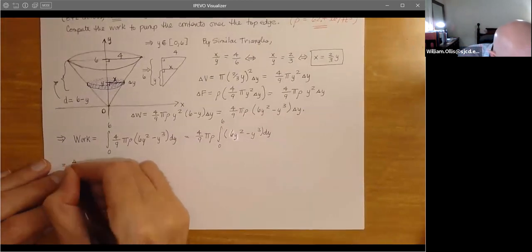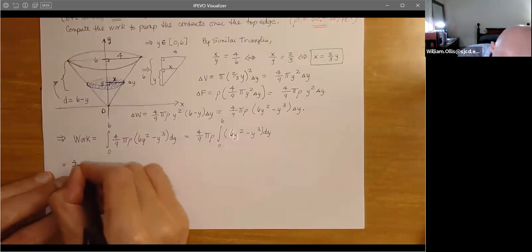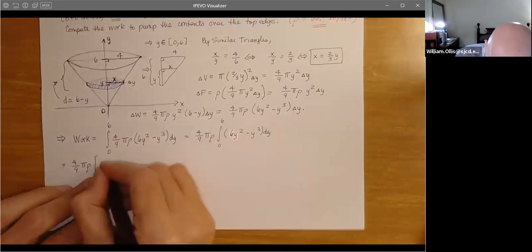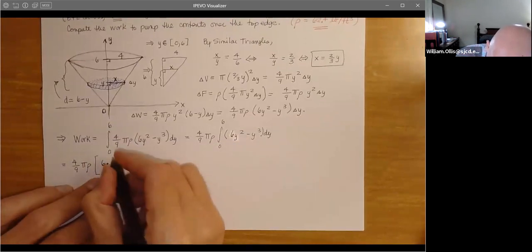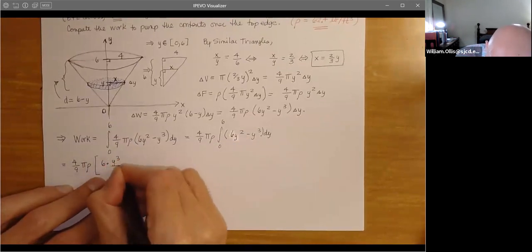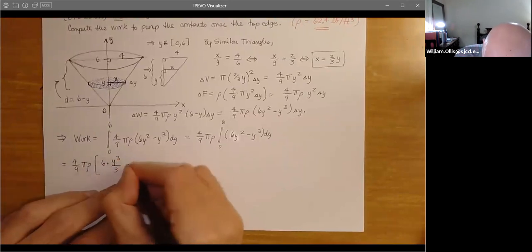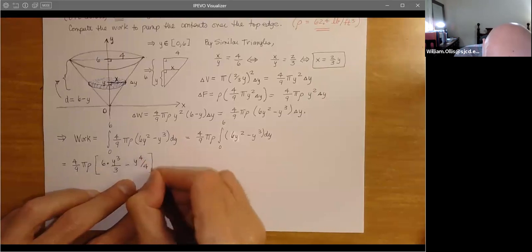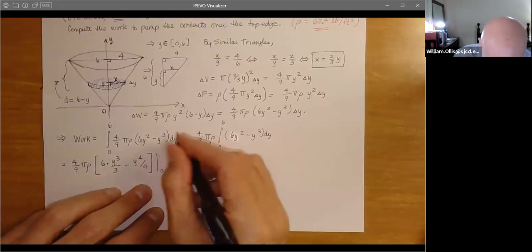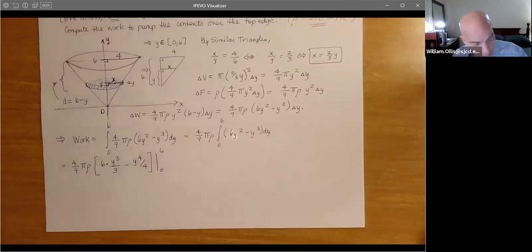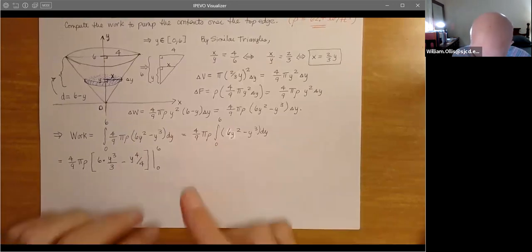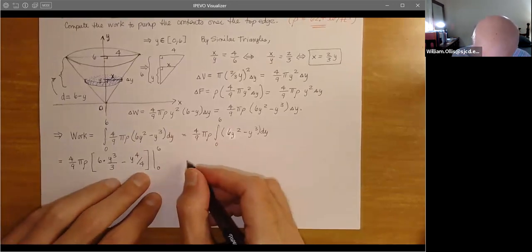So we have 4/9 pi rho. So we have 6 times y cubed over 3 minus y to the 4th over 4, evaluated from 0 to 6. And what's nice about this problem is that, again, the number theory helps us to get to the finish line in a fairly simple way.